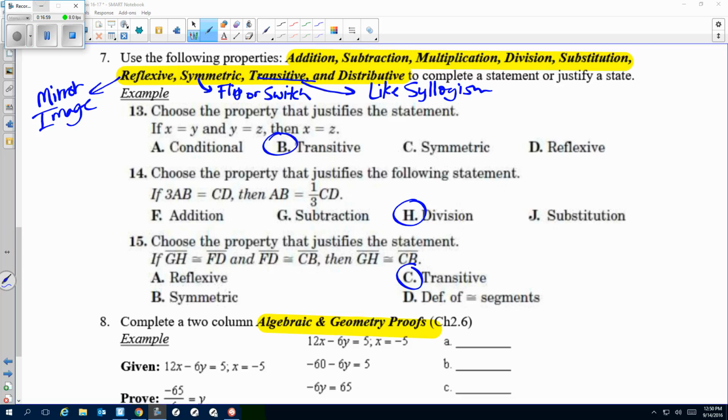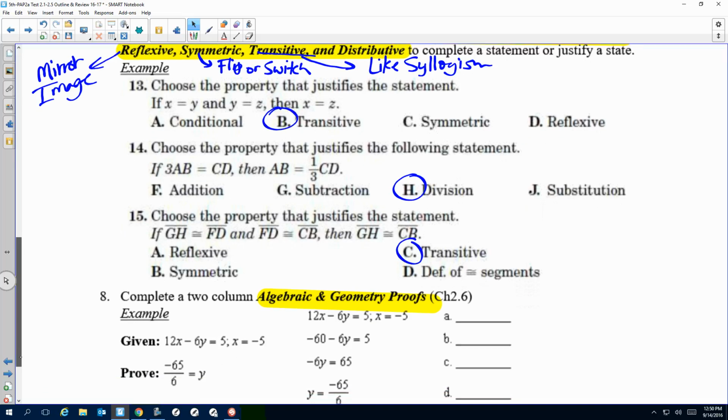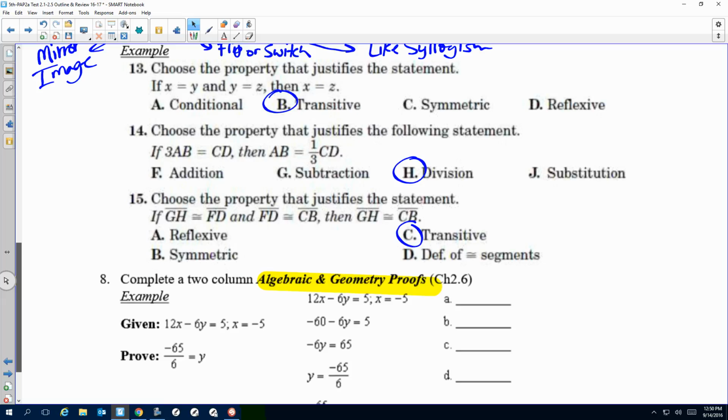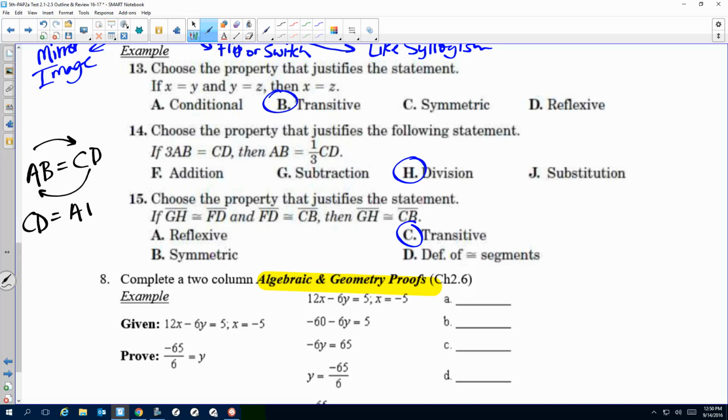All right, check your work. 15 was C, transitive. B is symmetric, meaning they switch. Okay, here's a switch, guys. AB equals CD. I'm now going to switch them. So that means CD equals AB. That's symmetric.